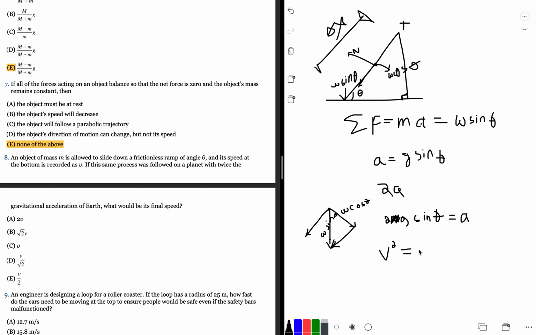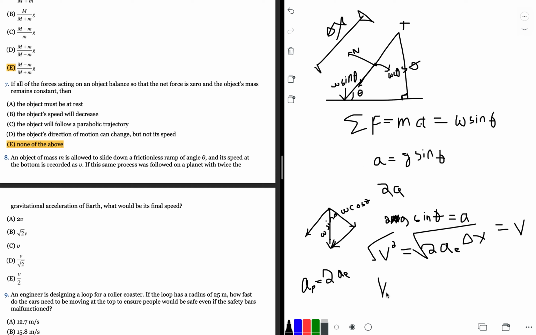On Earth, the final velocity is the square root of 2 a_e delta x. Now on the new planet, a sub p, the acceleration is actually 2 times the acceleration on Earth, as shown over here.